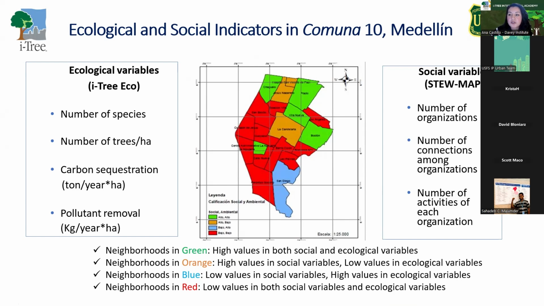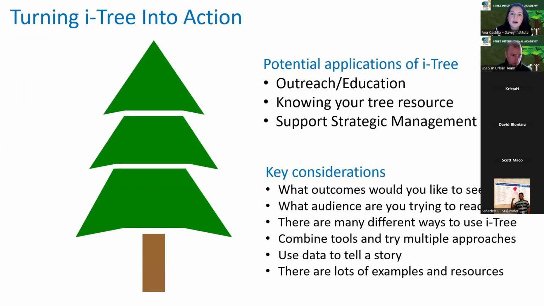So it looks at the environmental assets of these different neighborhoods, but also thinks about which places are not getting outreach from organizations, helping inform where these organizations should be looking to do more of their work.